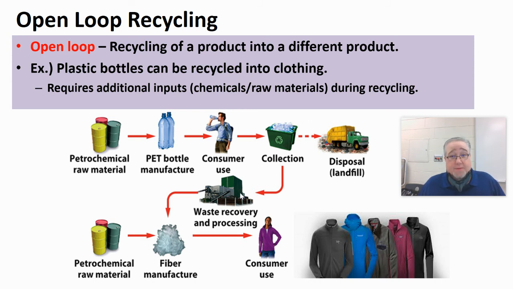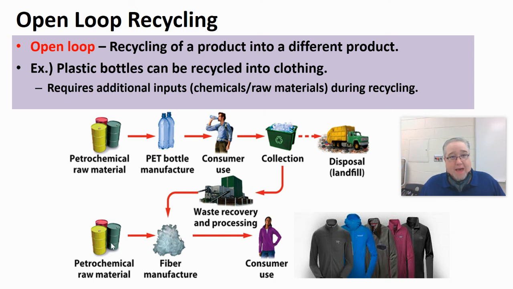A lot of times, those plastics are actually broken down and they're used to produce other products. So, for example, in this picture here, they're taking those broken down plastics and they're producing clothing like jackets and sweatshirts and stuff out of them. Now, the thing is, to manufacture those clothes, we need more chemicals.